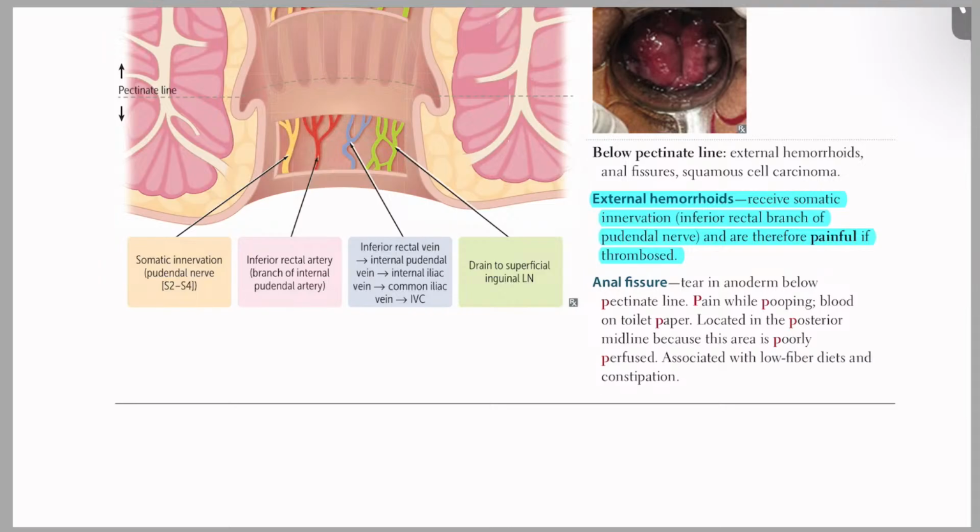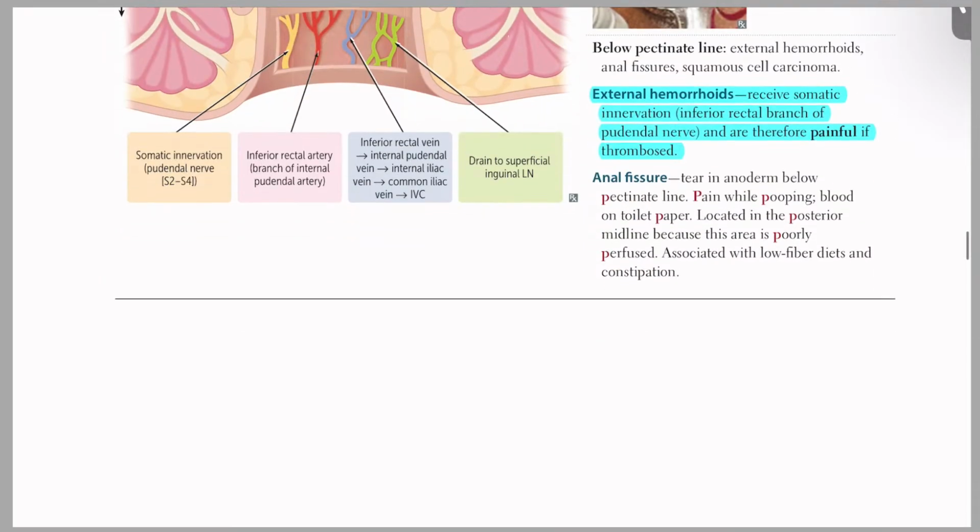External hemorrhoids receive somatic innervation, inferior rectal branch of pudendal nerve, and are therefore painful if thrombosed. Anal fissure: tear in anoderm below pectinate line. Pain while pooping, blood on toilet paper; located in posterior midline because this area is poorly perfused; associated with low fiber diet and constipation.